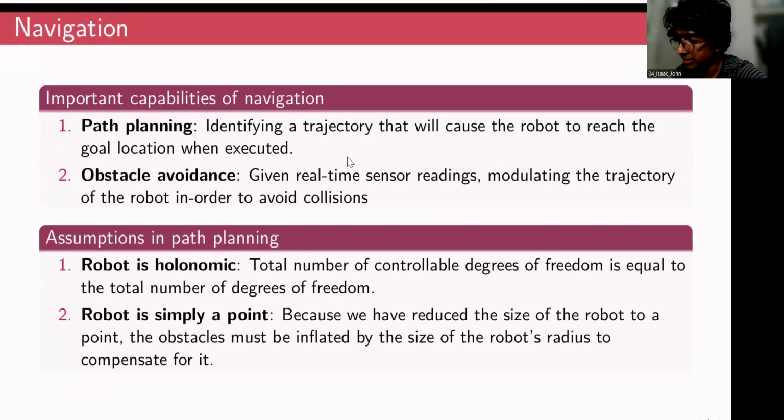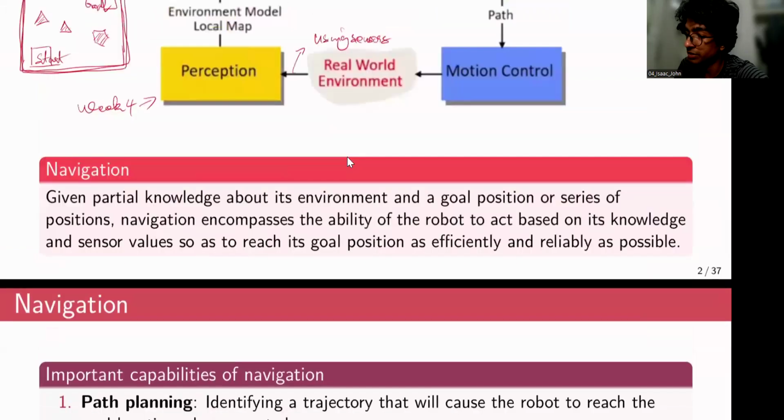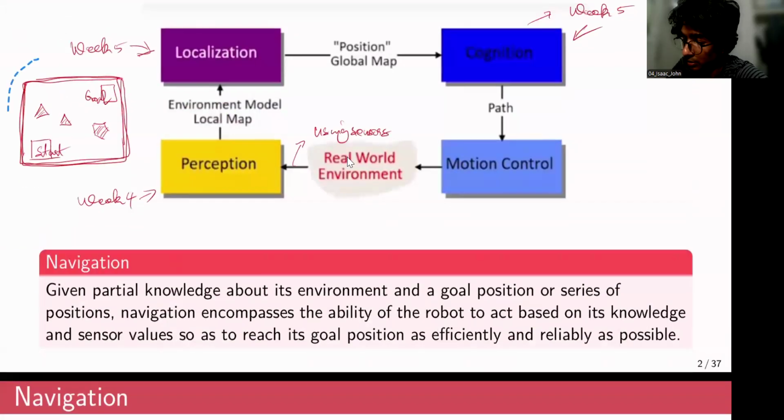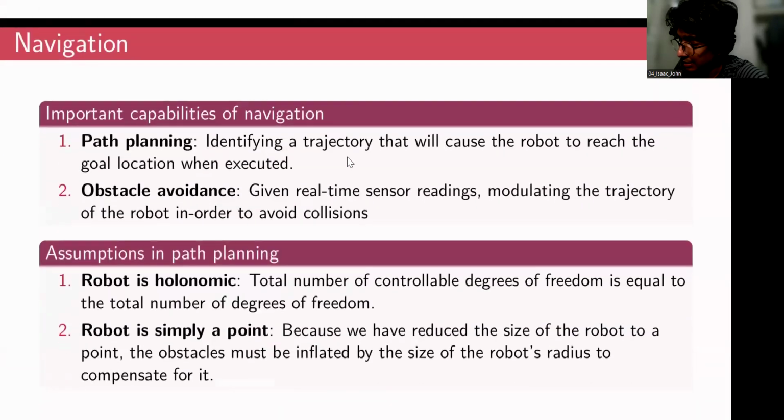So let's see some of the key features, the important capabilities of navigation. What exactly do we expect from the navigation part? The first thing we expect the navigation system to do is path planning, which is nothing but identifying a trajectory that will cause the robot to reach the goal location when executed. There could be plenty of such trajectories. Maybe I'll just copy paste this map.